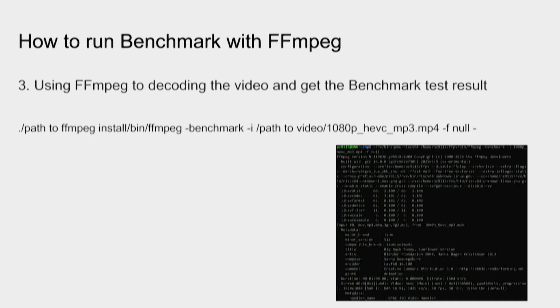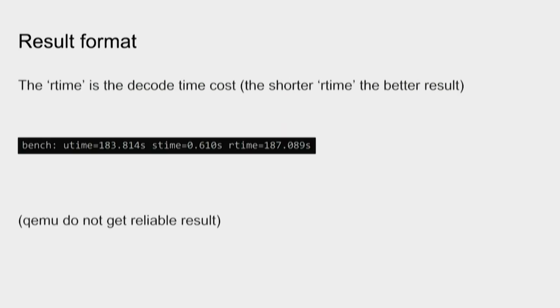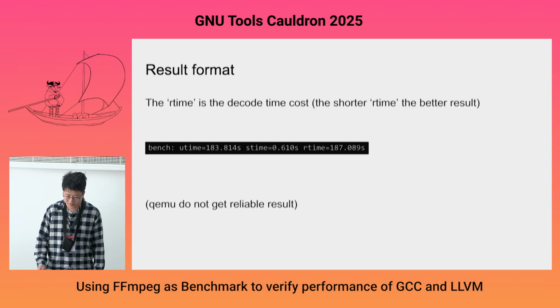To use FFmpeg to decode the video, we just add the -benchmark option to make sure it generates the timing result. Here, the metric is rtime, real time, is the result we want.